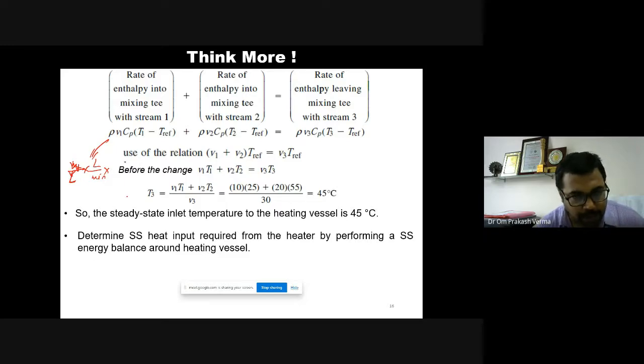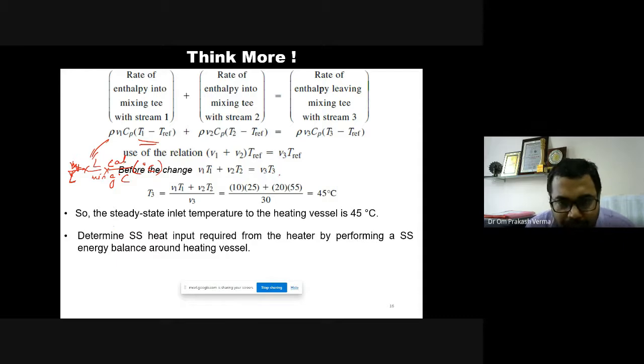Specific heat की यूनिट क्या है? This is the calorie per gram degree Celsius. Calorie per gram degree Celsius. Right. And what is the temperature? Temperature is in degree Celsius.